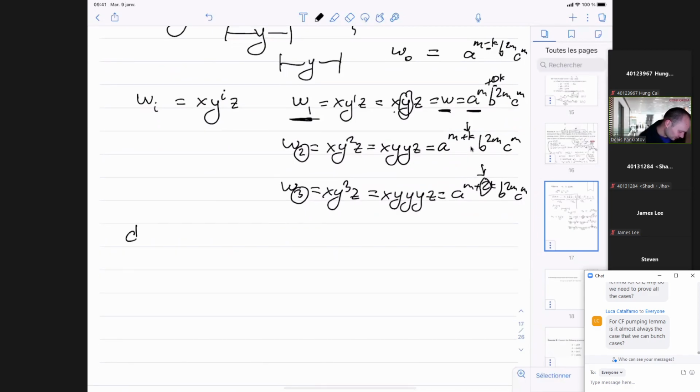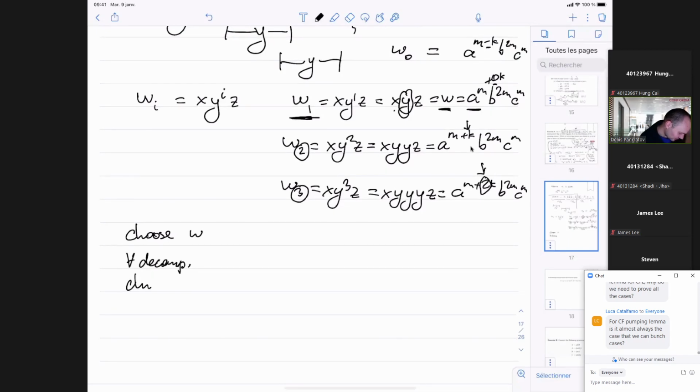So you choose W, and you want to show for every decomposition, and you choose I, and you derive a contradiction. So Wi is not in the language. Why is that? Because you're contradicting the pumping lemma.